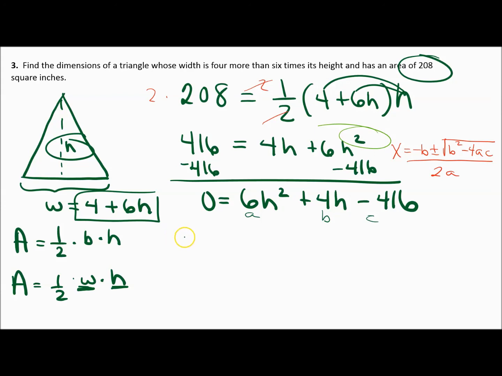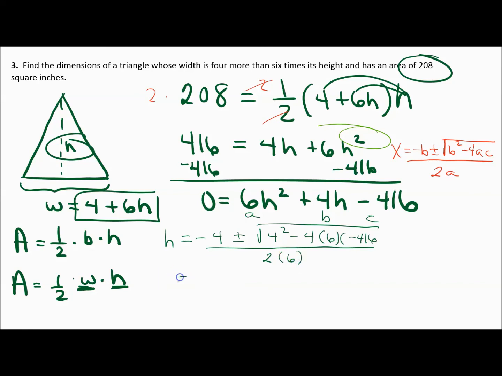So I have, instead of x equals, h equals, because that's the variable I'm working with, negative 4 plus or minus the square root of 4 squared minus 4 times 6 times negative 416, and that's all divided by 2 times 6.